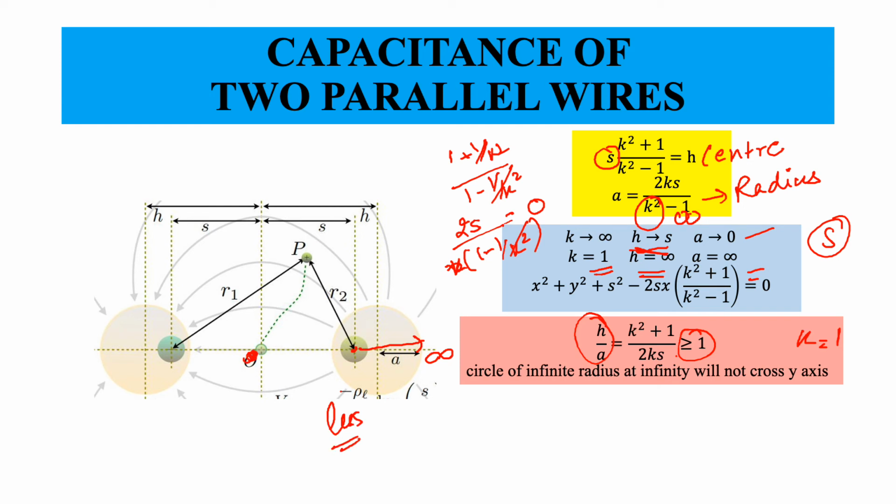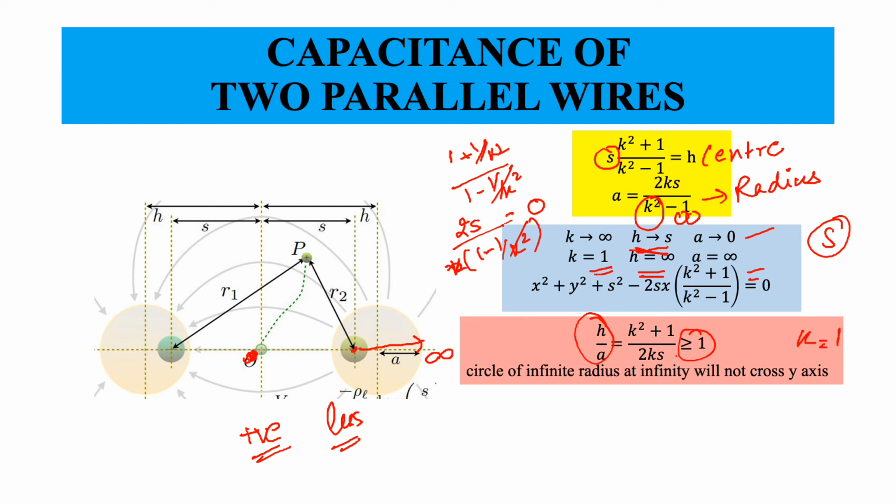Since the distance from the origin to the center is more than the radius of the circle, the circle would never cross the y-axis. That is important. So a circle of infinite radius at infinity will not cross the y-axis. So the potential to the entire region of the space towards the right side of the y-axis would be positive potential.